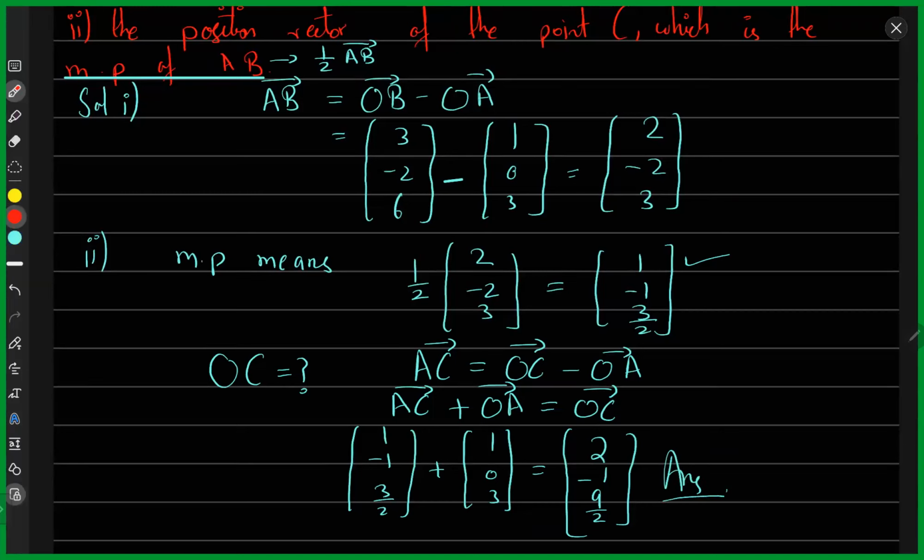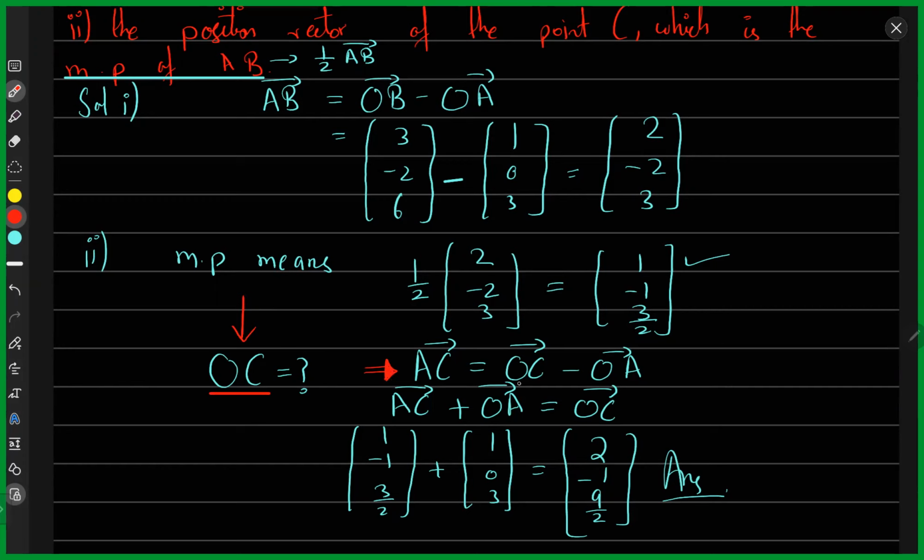So the question was not about finding out the midpoint of AB, it was about the position vector of the point C. When it's about the position vector of point C, that basically means we need to find OC. And OC is going to be what? I know that where exactly I would get OC. I would get OC in this expression. AC is equal to OC minus OA.